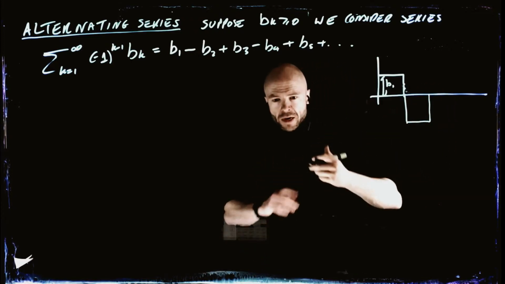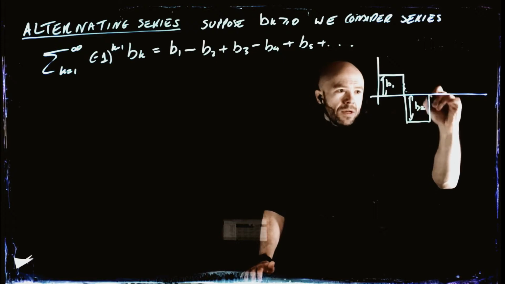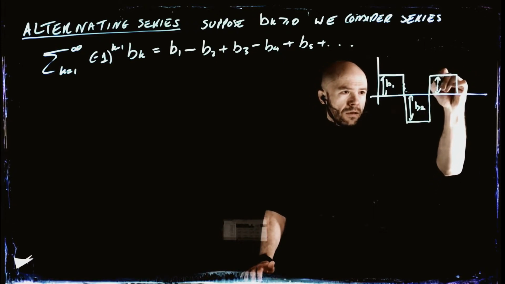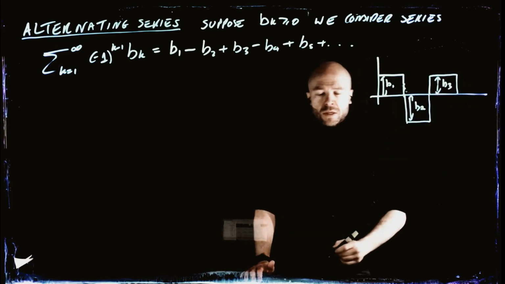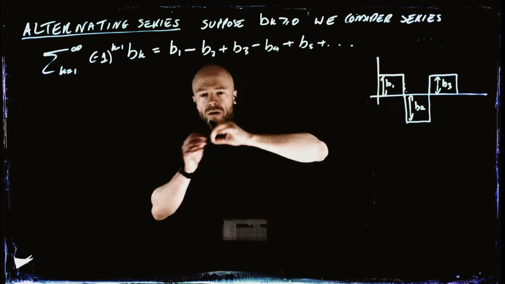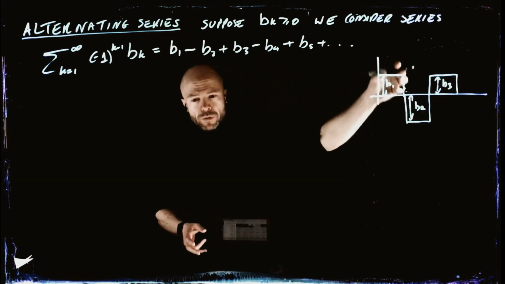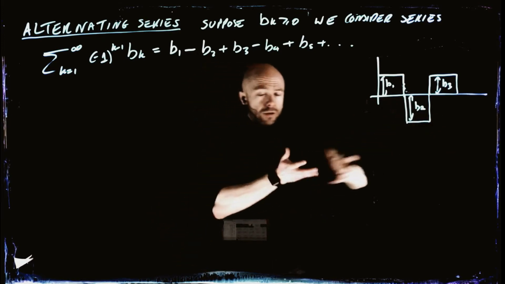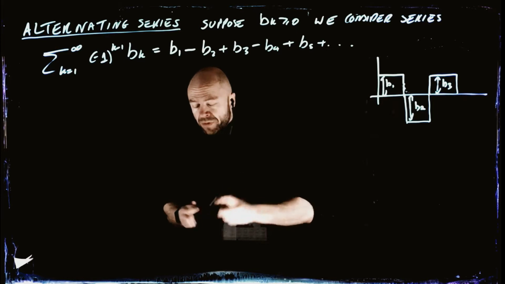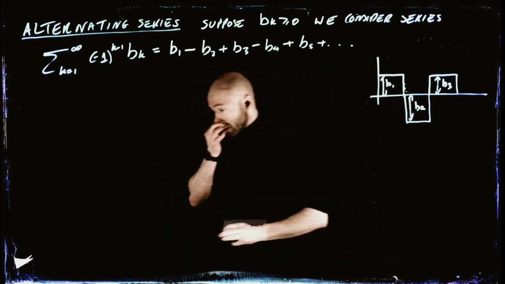Now we're thinking about signed area. The next one is this positive block, b3, and so on. Showing that this is underneath some function which has total integral from 1 to infinity converging means nothing anymore, because the negative blocks could be huge. So we have to have another way to think about this, another way to get to convergence.